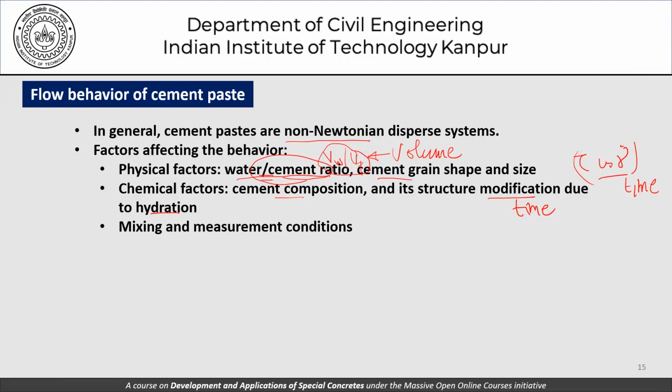So we may have a certain slope in the beginning, some other slope in the subsequent time domains. Mixing and measurement conditions, of course, also matter. So as far as cement paste is concerned, it's a non-Newtonian dispersed system, and can be studied in the framework of rheology if we keep these things in mind.